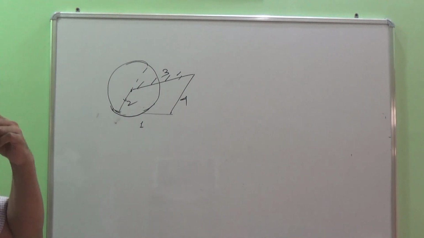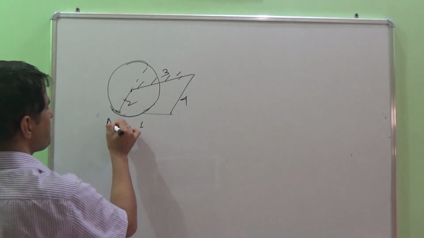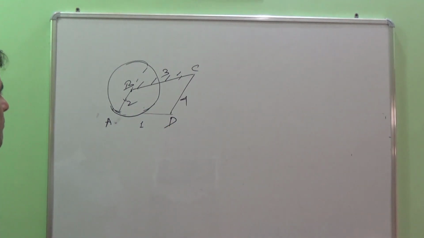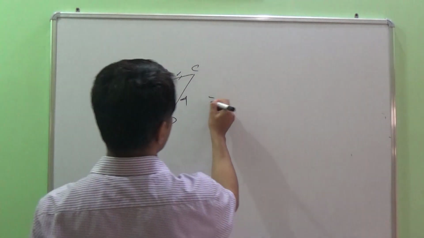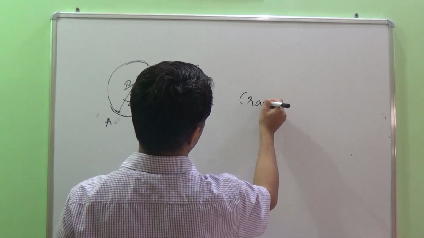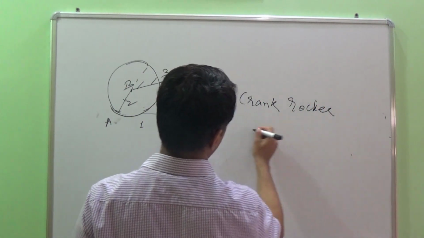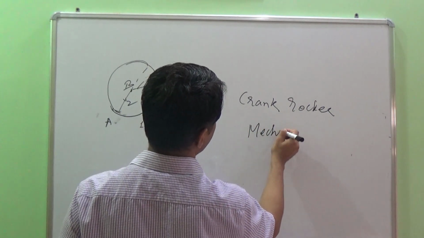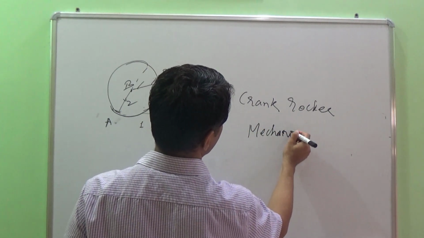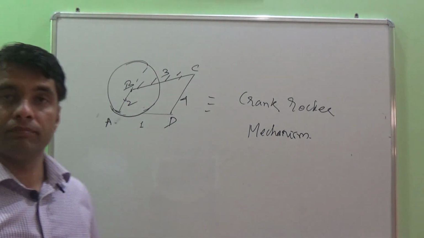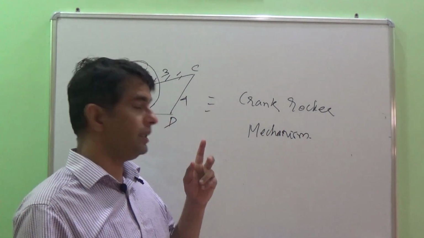So this is again called a crank rocker mechanism. So this is the third inversion.